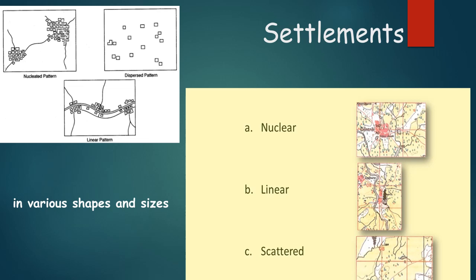So, settlements grow over a period of time. Many factors determine the location and the type of settlements. Here you can see there are three kinds of settlements: nuclear, linear and scattered. And red color is used in topographical maps to show the settlements.